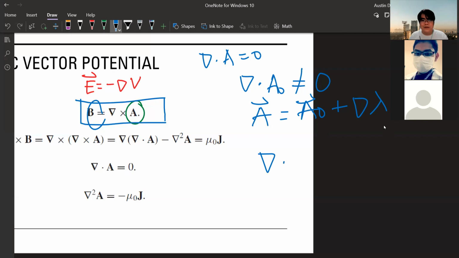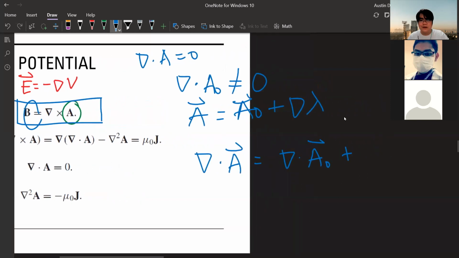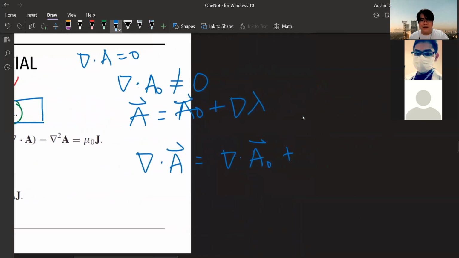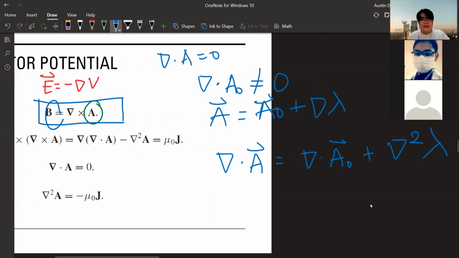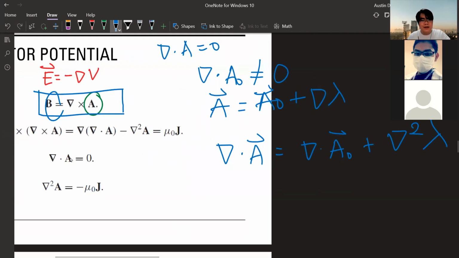Okay? So, if we take the divergence of A, that would mean that we're getting the divergence of A0 and then plus the divergence of this guy, which is the Laplacian of it. Okay. Kaya ko siya sinulat as gradient para maging Laplacian siya. Okay. Then, sabi nga natin, gusto natin maging zero ito.